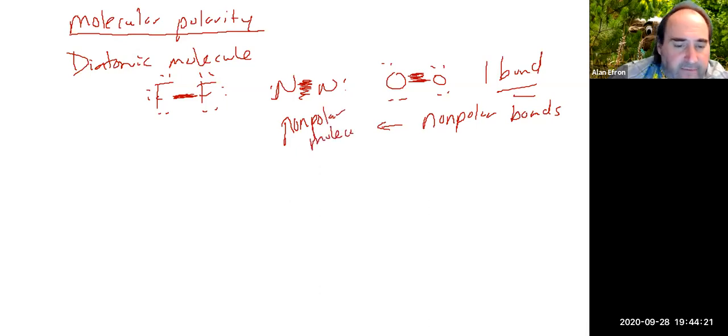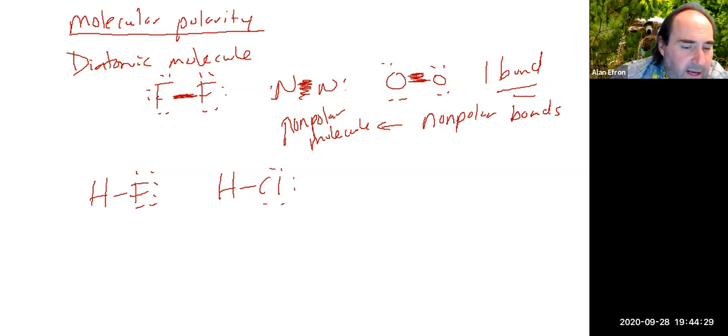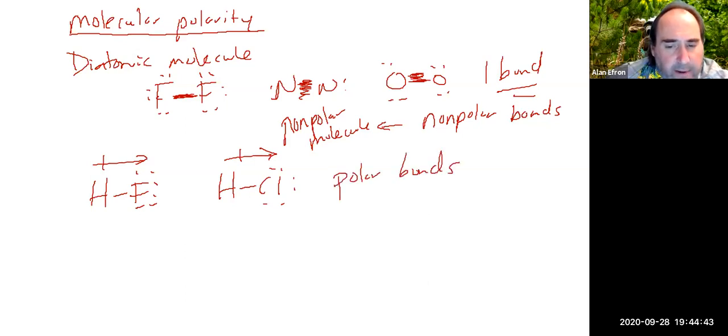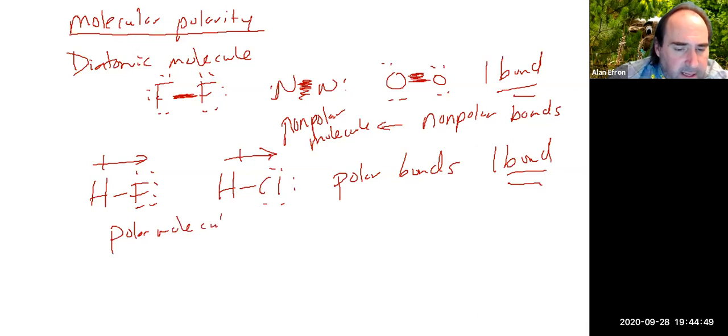And the same thing if you had 2 different elements like HF or HCl, something of this nature. Each of these has a polar bond based on electronegativity values heading towards the fluorine or the chlorine. And because there is only 1 bond in the entire molecule, each of these will have to be polar molecules.